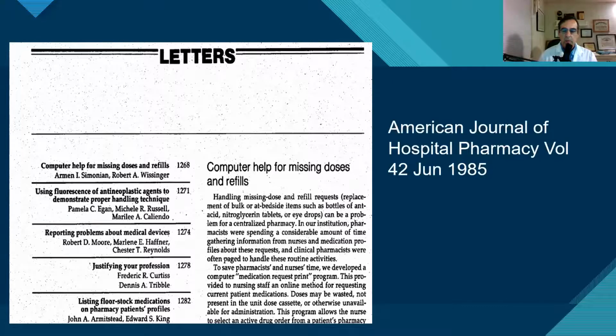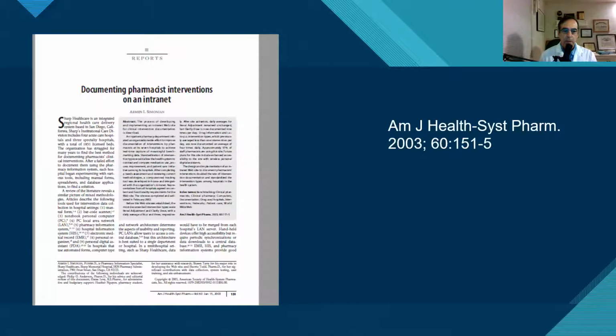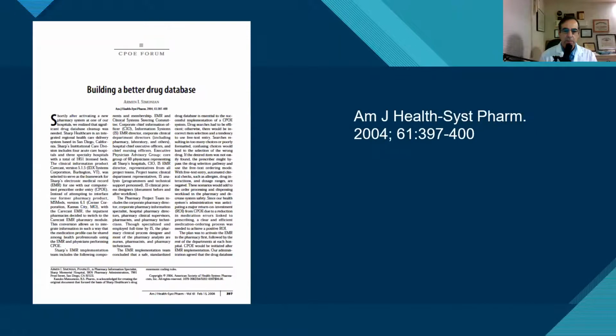This is a residency project, and this was a programming project that had to do with enhancing our electronic health record at my site to allow nursing to order missing doses and refills. And then I also talked about a project where we wrote a program on the intranet of our system, a web program, an app that allowed the pharmacists to document their interventions.